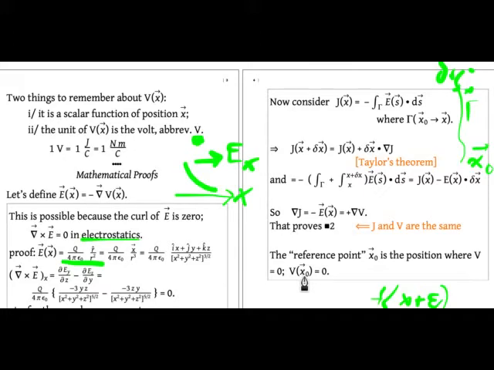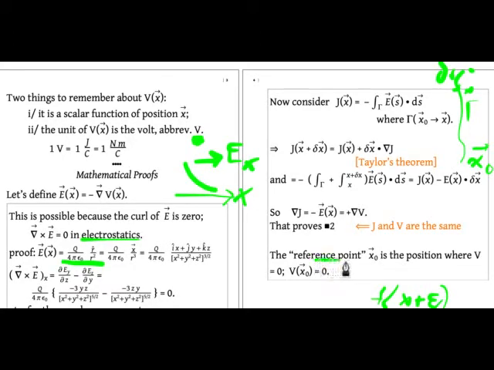That's what we call the reference point, x0. Now, if I didn't have V of x0 equal to 0, I could always add a constant, and the constant would make this value 0. So the freedom to choose the reference point is just like the freedom to add a constant to the potential.